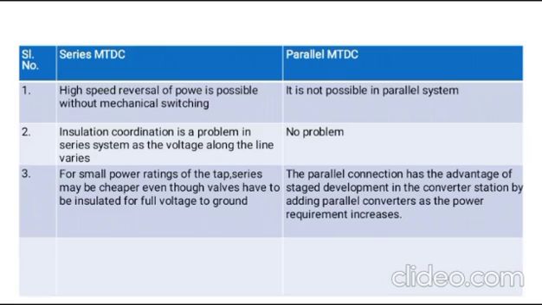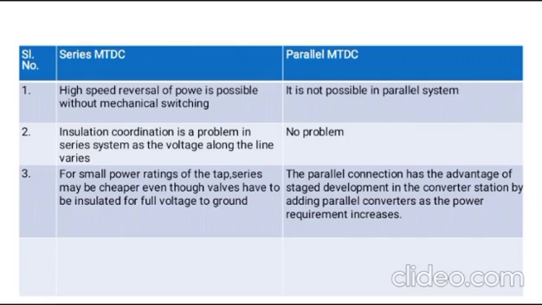Here is a comparison between series MTDC and parallel MTDC. First, high speed reversal of power is possible without mechanical switching. In series, reversal of power can be done at high speed without any mechanical switching, but it is not possible in parallel MTDC system.